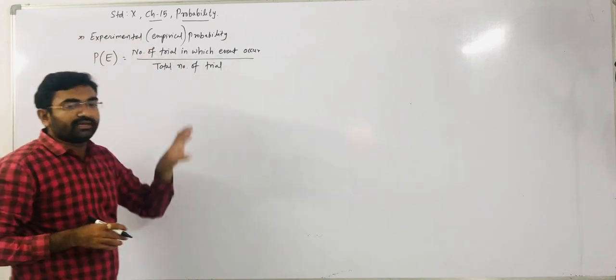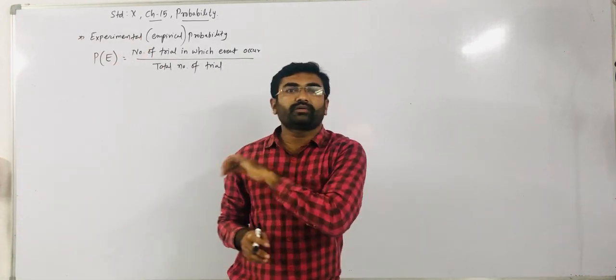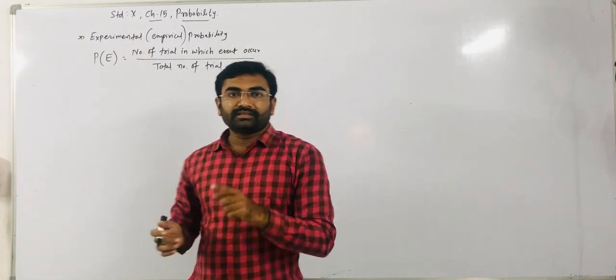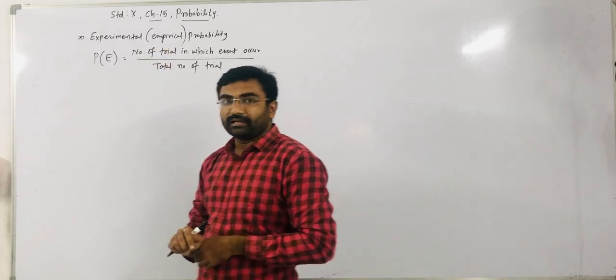It means you have to do the experiment first, then you can find the probability.